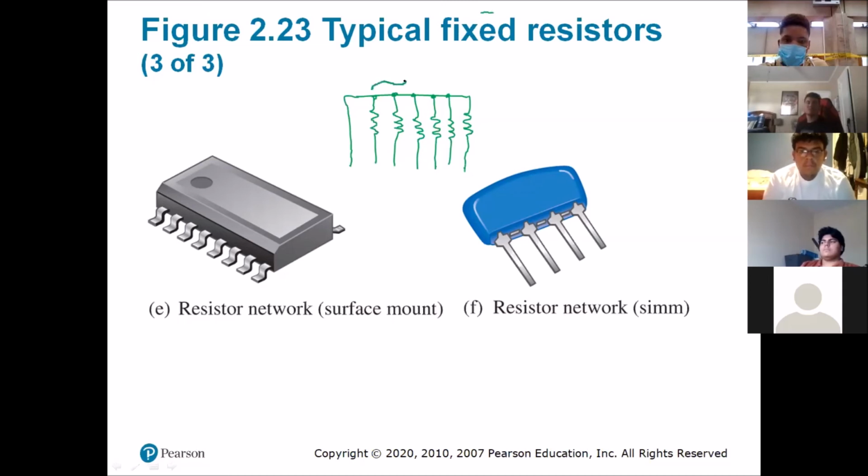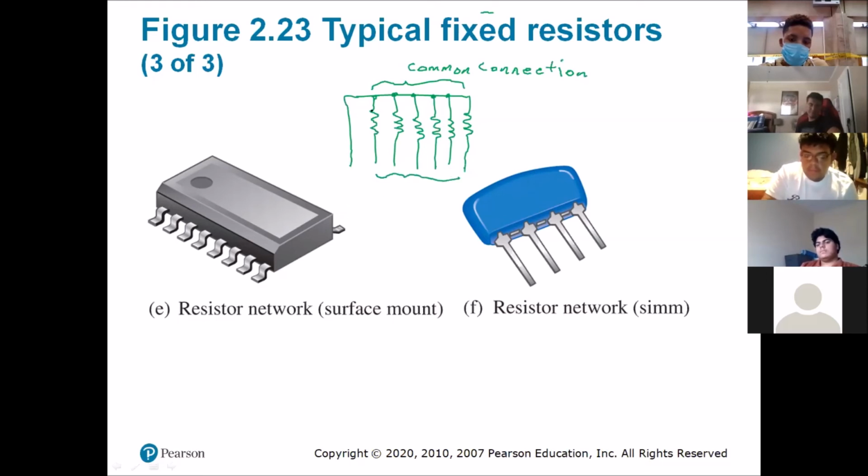So this is what we call a common connection. All of the resistors along that side are connected together. And then we bring out down here the individual leads for the individual resistors.